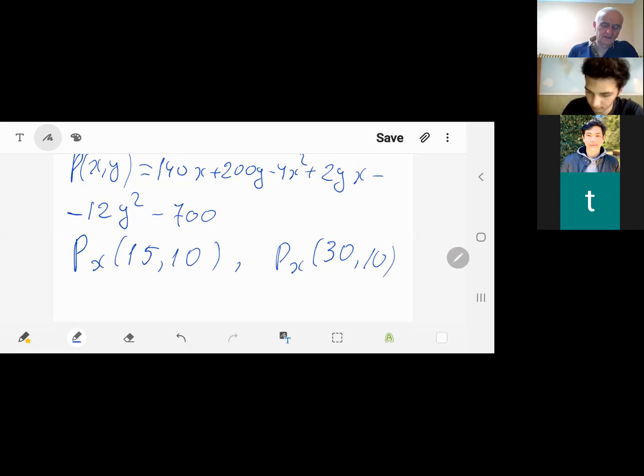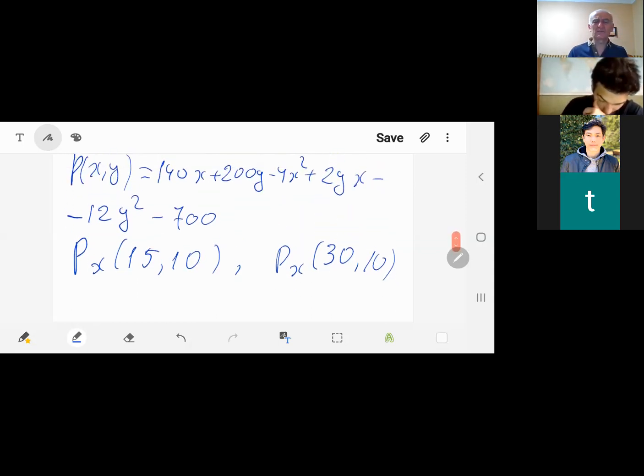So we should find these values and interpret these results. What do they mean? Go ahead and try to find, first of all, the partial derivative with respect to x.